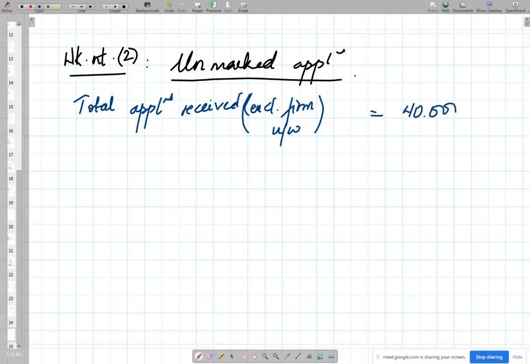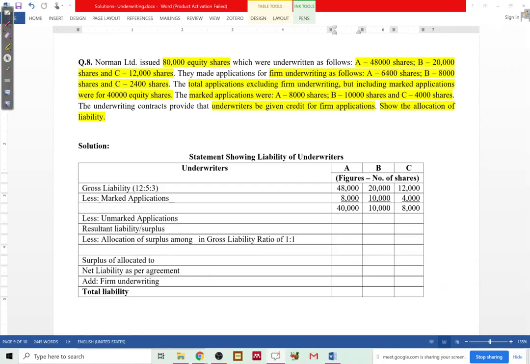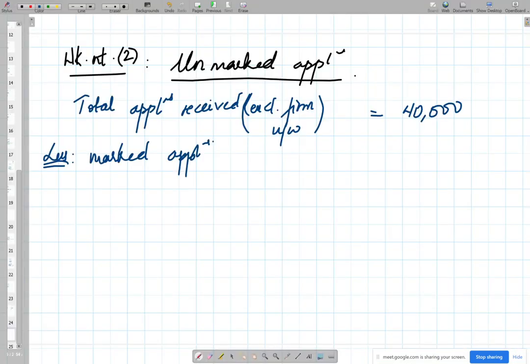Out of this, they are saying there were some marked applications. So let's do the sorting now. Marked applications, how many? 8,000 plus 10,000 plus 4,000.